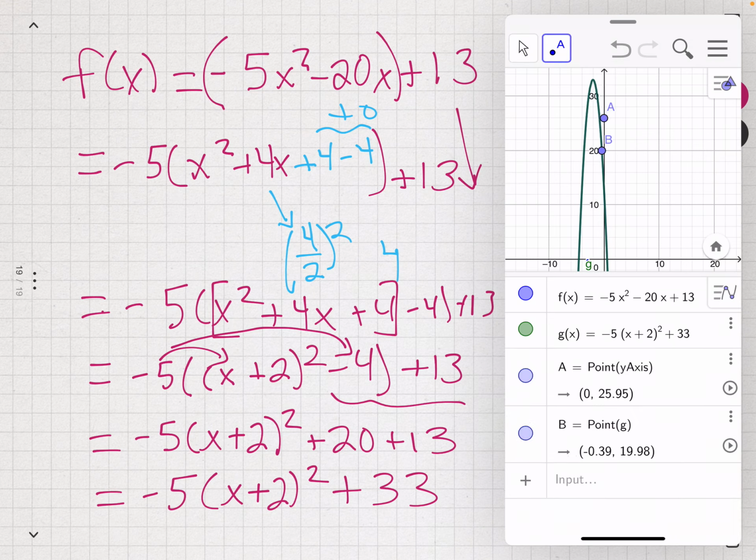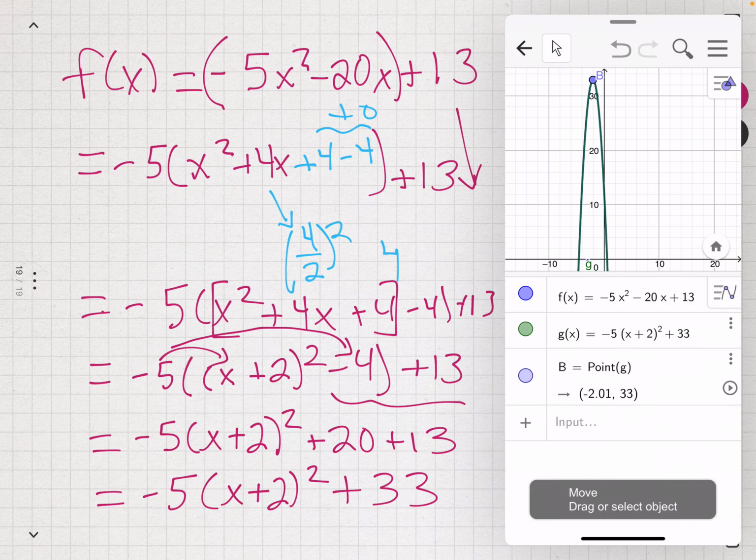Oh, I missed my graph. That point B looks like it should be at negative 2, 33. Delete that. And so how did I know that that was negative 2, 33?